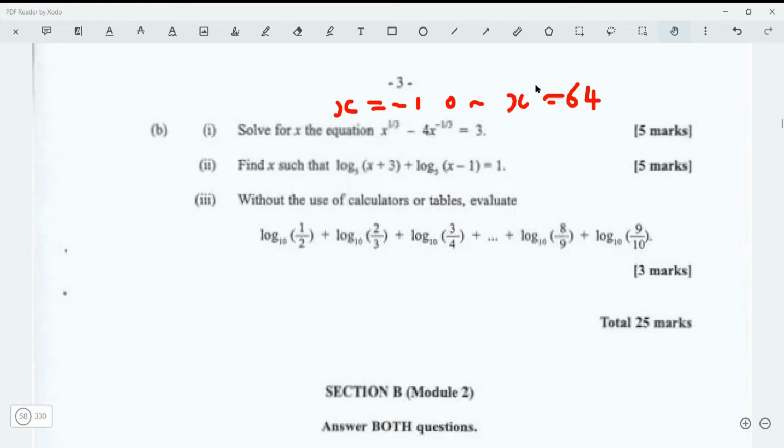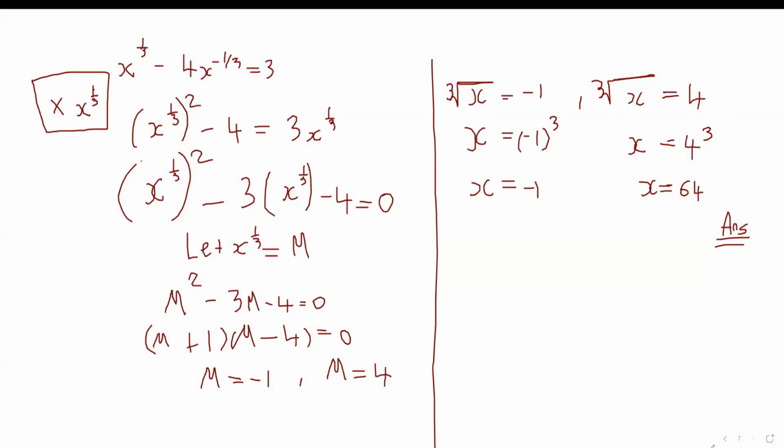So the next part says log to base 5 of x plus 3 plus log to base 5 of x minus 1. And they're telling me that this is equal to 1.